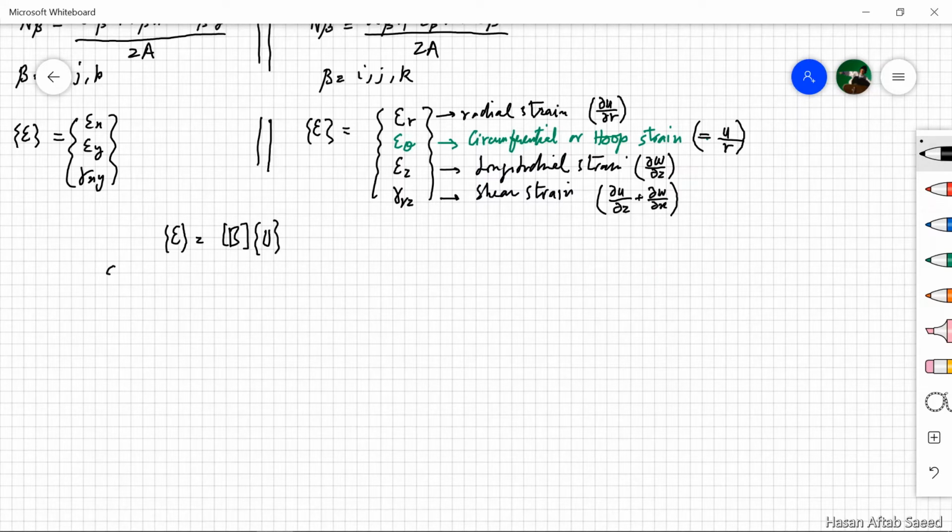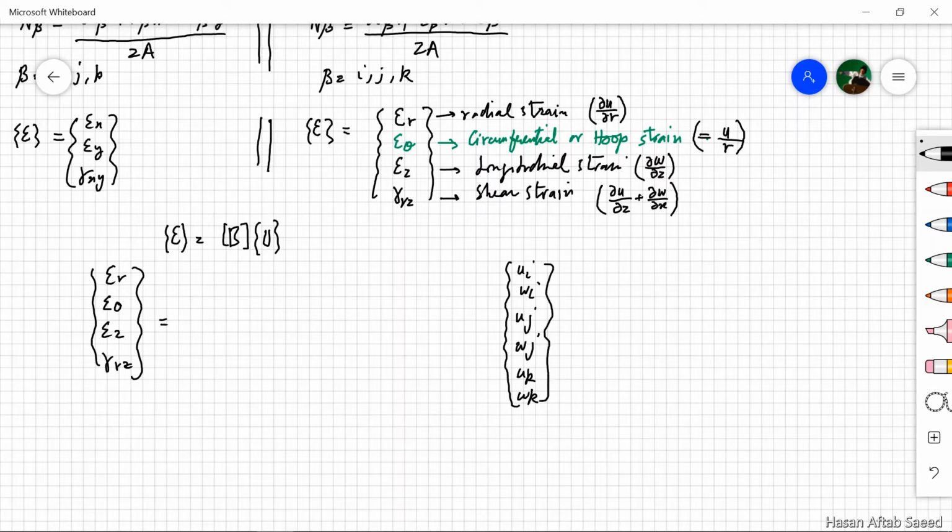The epsilon vector, epsilon r, epsilon theta, epsilon z, gamma rz, will be linked with this B matrix, which we come to presently, and then there will be the nodal displacements ui wi, uj wj, uk wk. These are the 6 displacement components we have already seen.